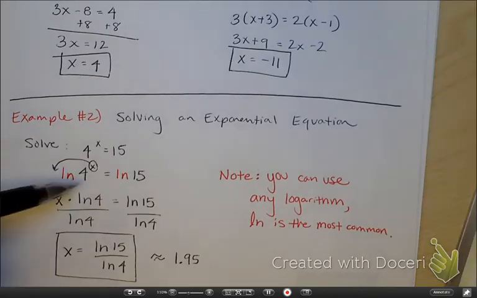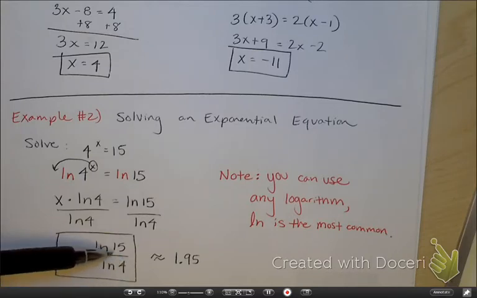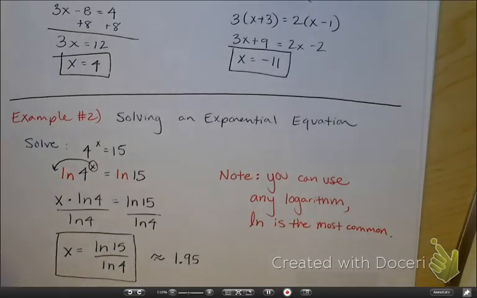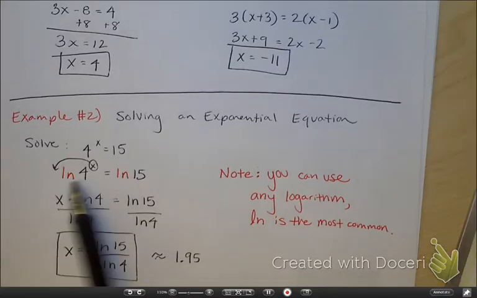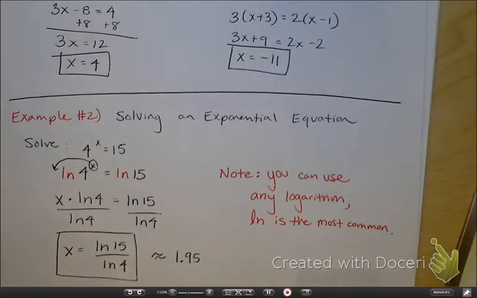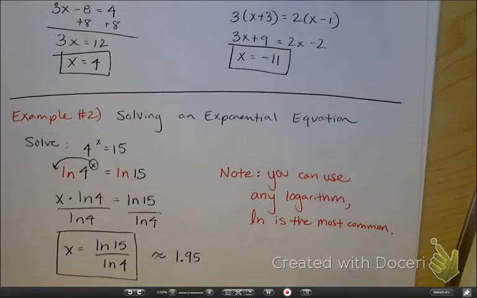You could have used log base 10, you could have used log base 4. If you had done log base 4, you would have log base 4 of 15 over 1. And anytime you use a different logarithm, it's equivalent to this. The only difference is that you would have to use the change of base formula to show that they are equivalent. But any logarithm will work. So log base e works, log base 10, log base 4, whatever you want, but ln is the most common one that we choose.